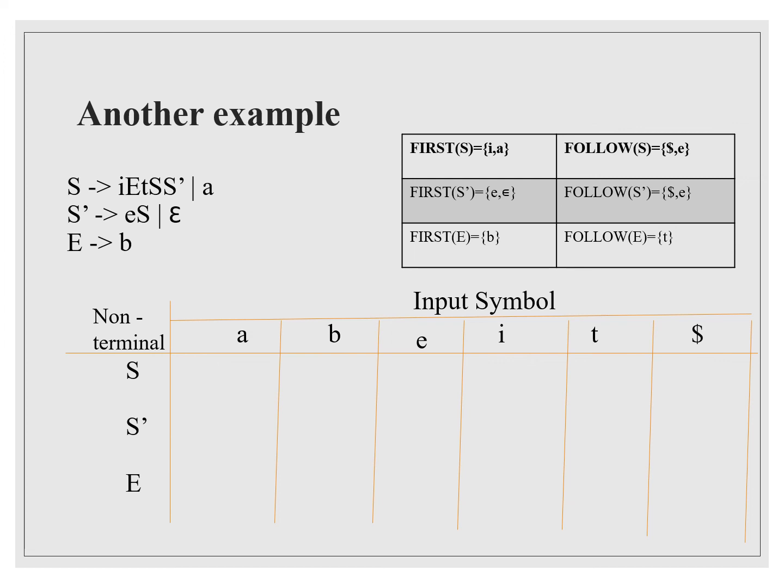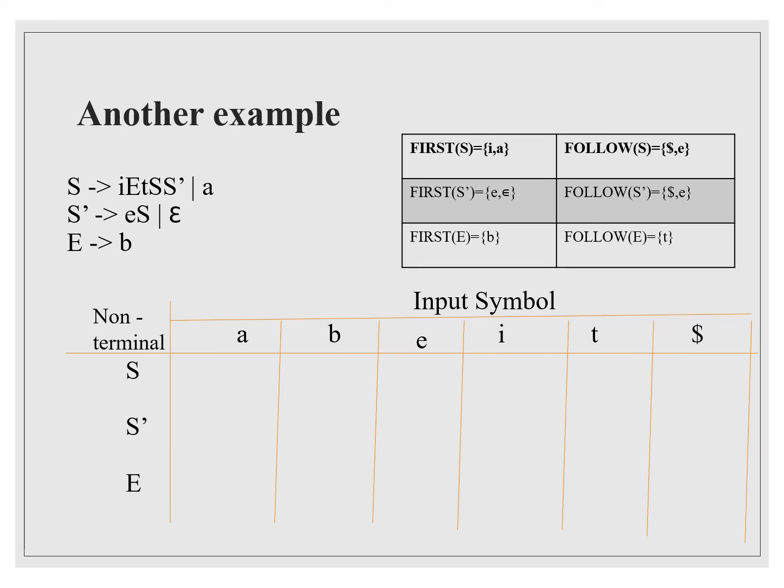Let us take the first production, that is S derives i E t S S dash, bar a. The first production contains two alternatives. What is the first of the right hand side? It is nothing but i comma a. So the first alternative, S derives small i, capital E, small t, S, S dash, we have to place in the first symbol.